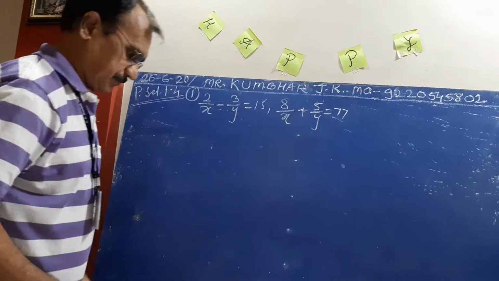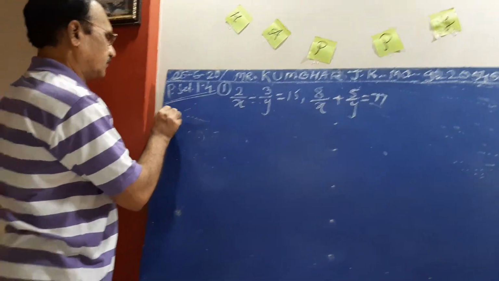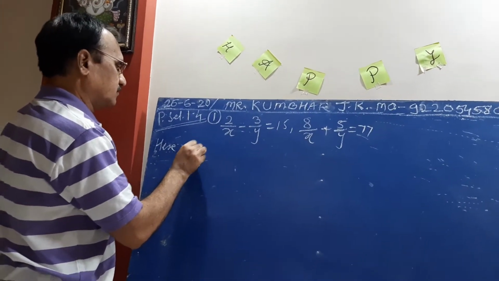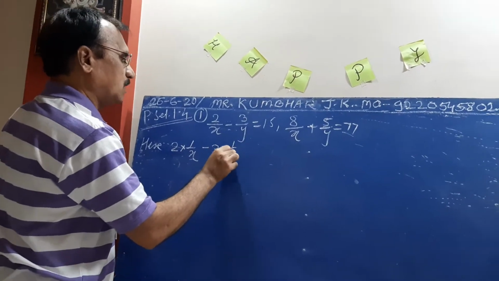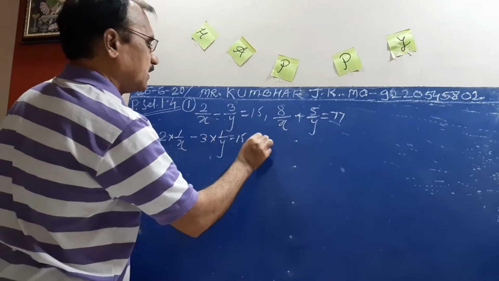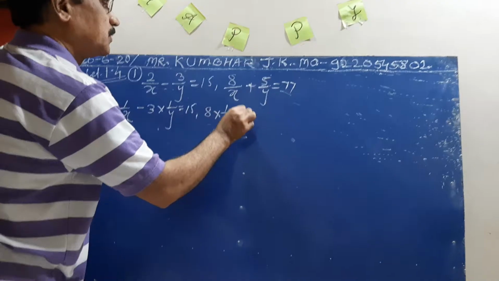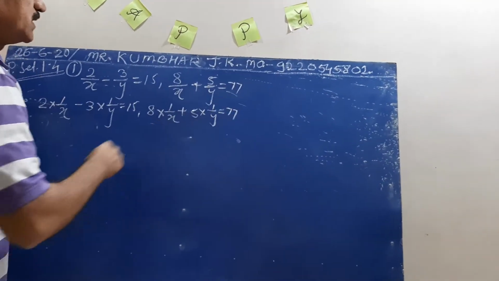Here we can write these equations as 2 into 1 upon x minus 3 into 1 upon y is equal to 15, and 8 into 1 upon x plus 5 into 1 upon y is equal to 77.